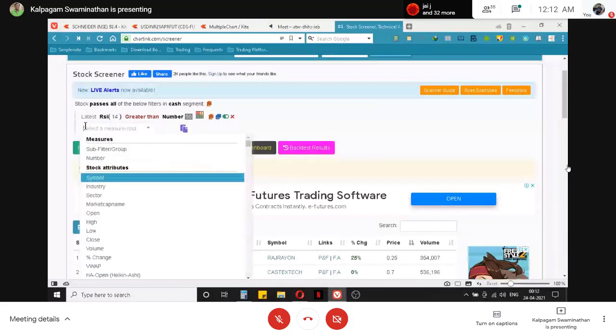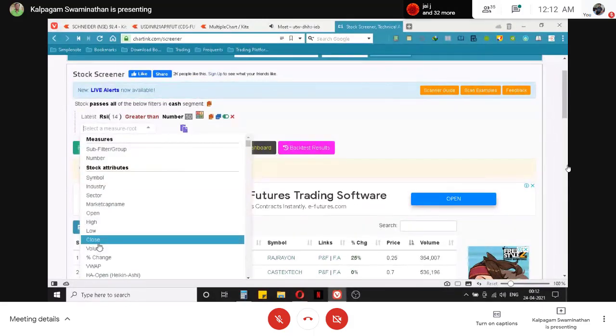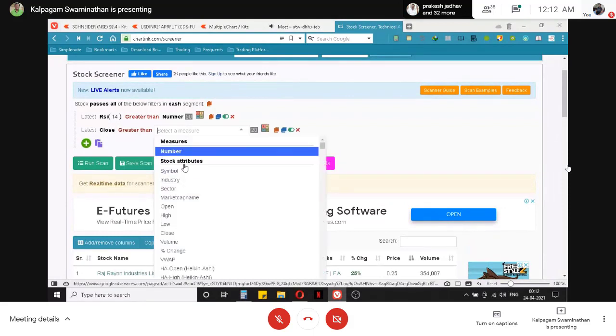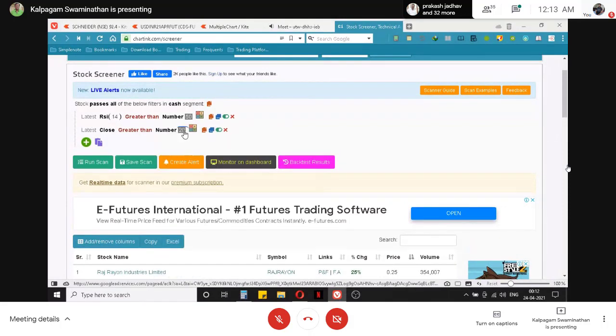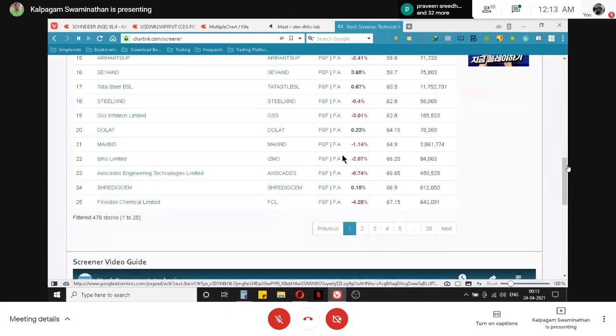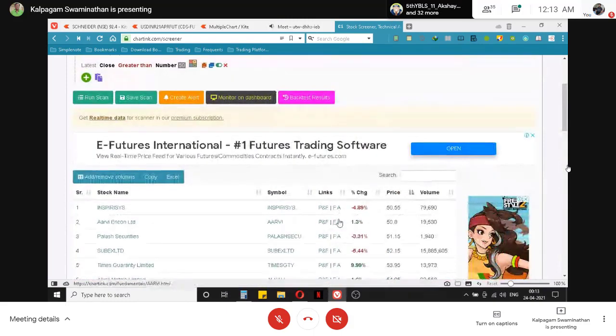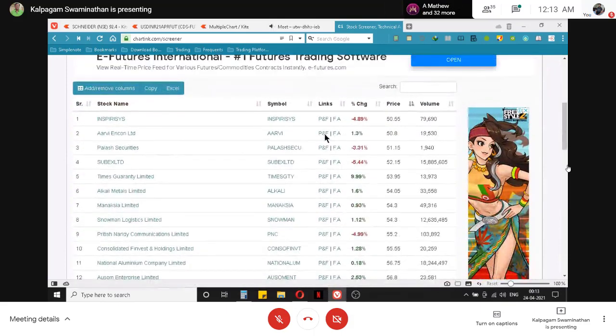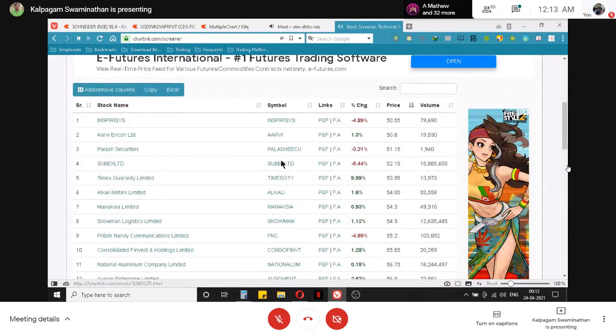Then add another filter for the price. Close should be greater than at least 50 rupees, let's say. So I have 478 stocks, all of which are greater than 50 rupees. Now, there's one more thing you need to add. Let us add volume.